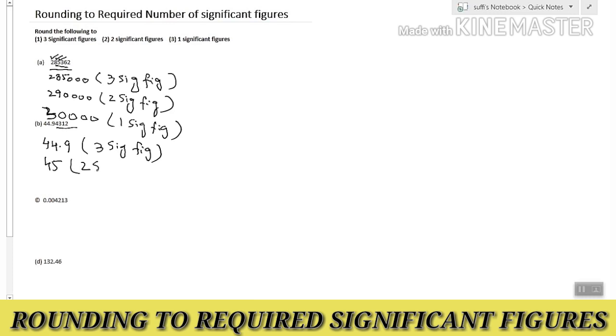So this will be only 2 significant figures. For 1 significant figure we will write 4, but we will write 0 also, just to keep the magnitude, and we will ignore all the decimal parts, so that will become 1 significant figure.